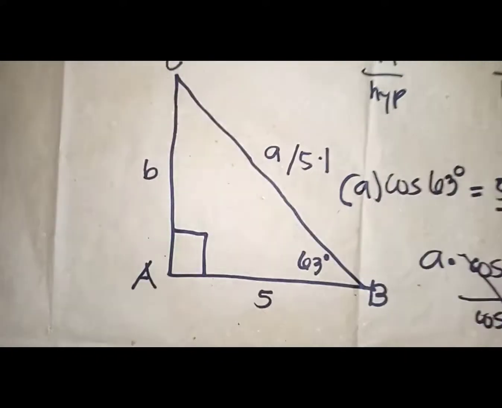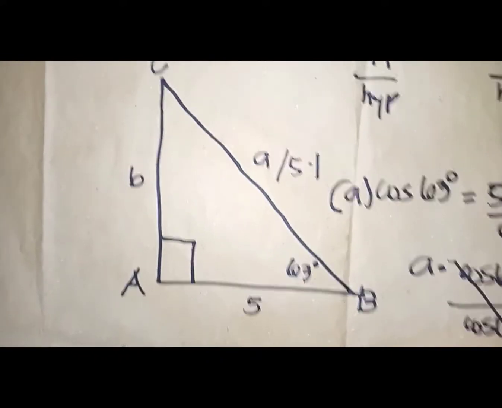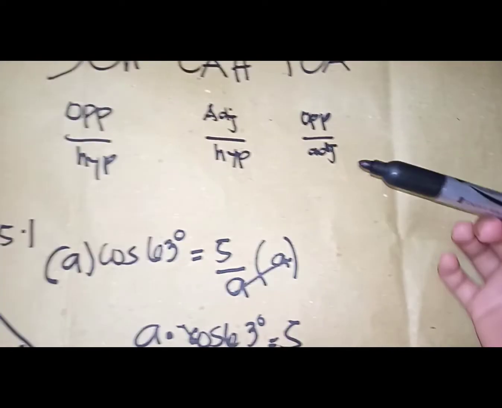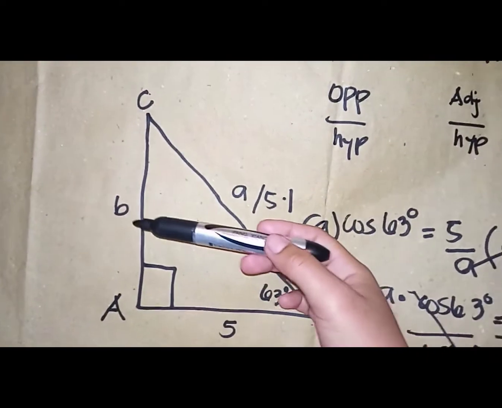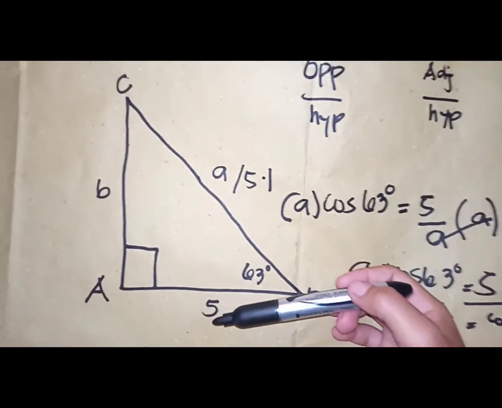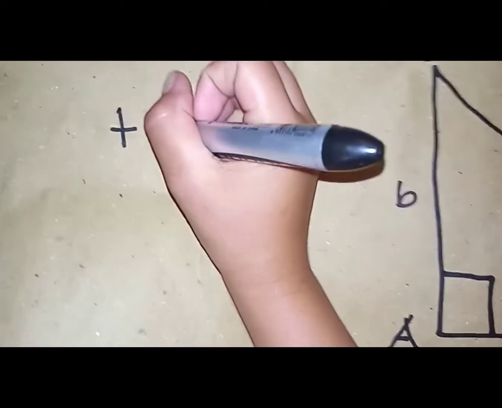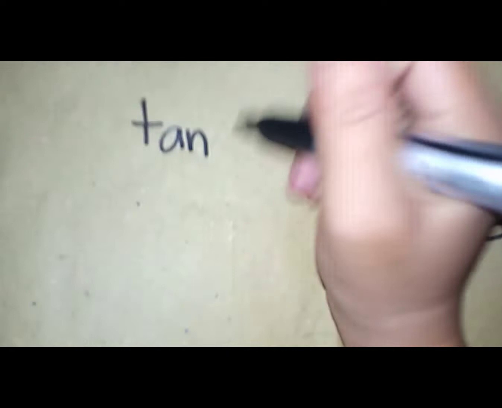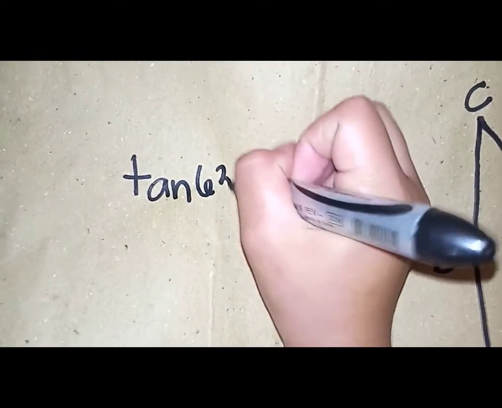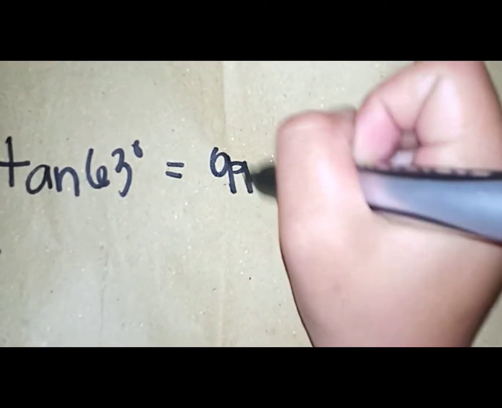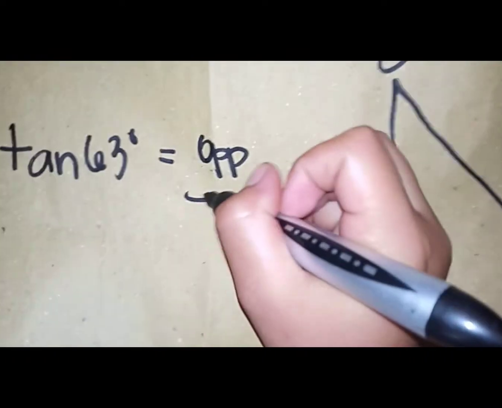And now we're going to find the side B. In finding the side B, we're going to use the tangent, opposite over adjacent. Opposite is the B, and then adjacent is 5. So, tangent 63 degrees is equal to opposite over adjacent.